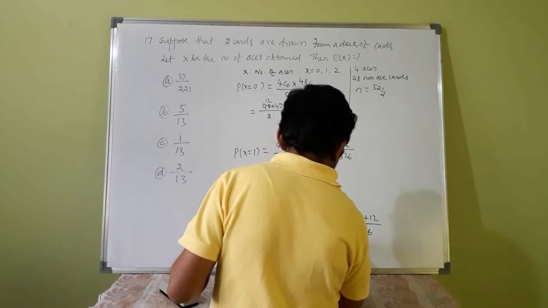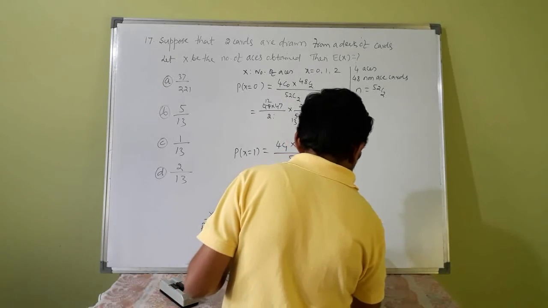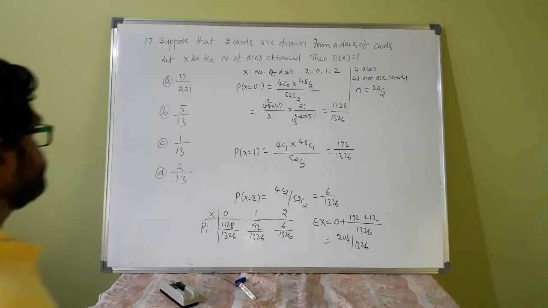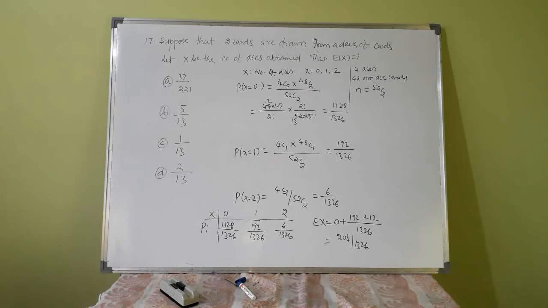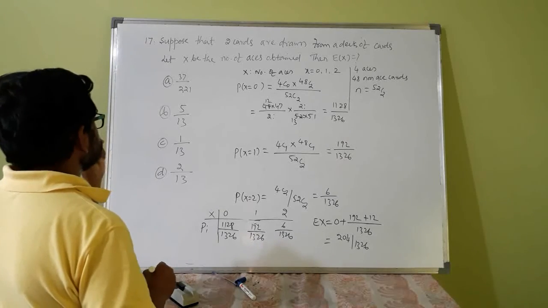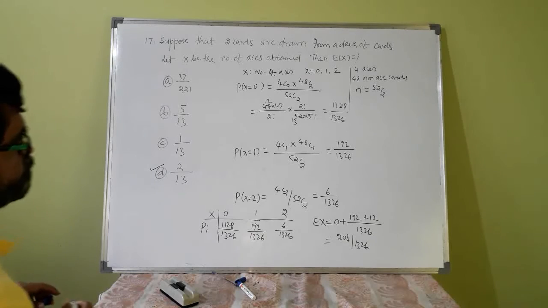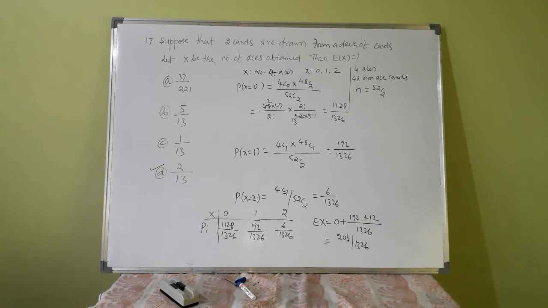That is 204 by 1326. Is it 2 by 13? Maybe 2 by 13. Okay. You go on, simplify.